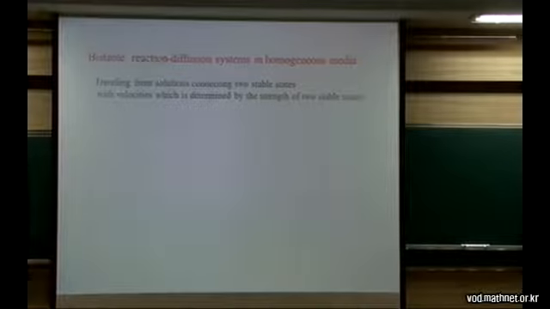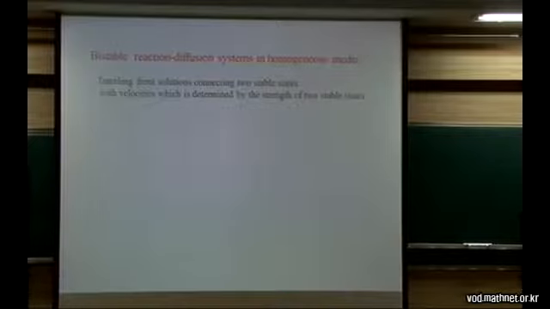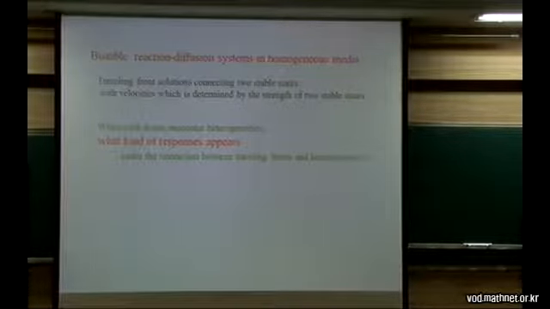For this system, we already know the existence of traveling front solutions connecting two stable states, and the sign of velocity is determined depending on the strength of the two stable states. In this situation, such a traveling front encounters heterogeneity. What kind of responses or output appears under the interaction between traveling front and heterogeneity?